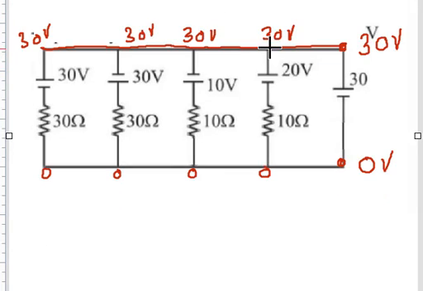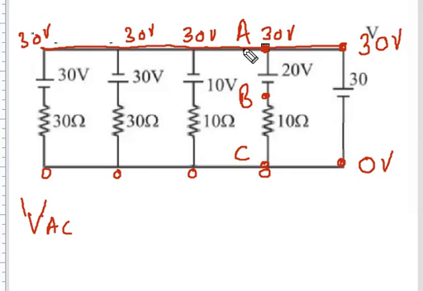Now consider a point here. Let us call this point A, this point B, and this point C, and the potential difference between A and C is written as VAC.